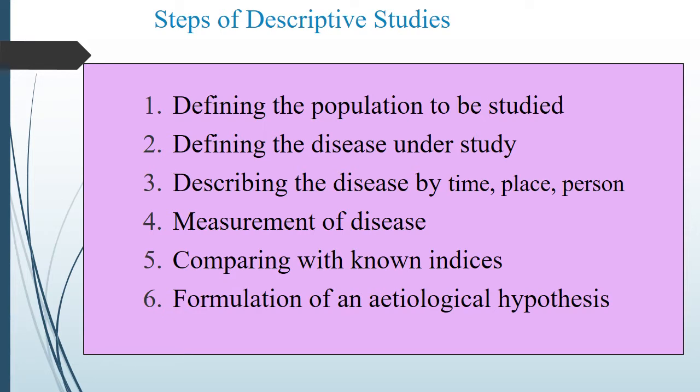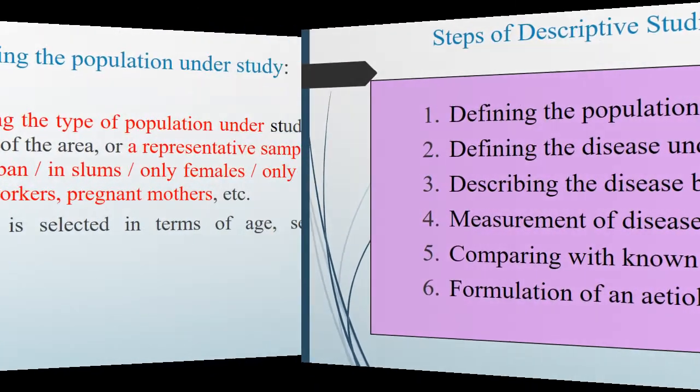We have to describe that disease. Then the fourth one is measurement of disease. Then the fifth one is comparing with known indices, and the sixth one is formulation of an etiological hypothesis. We will see them one by one in detail with examples.